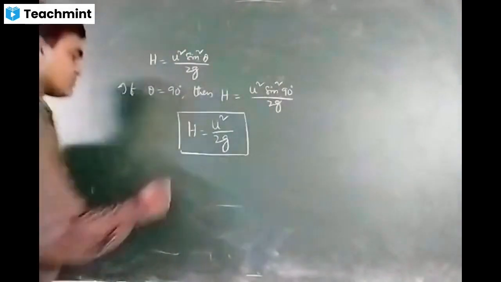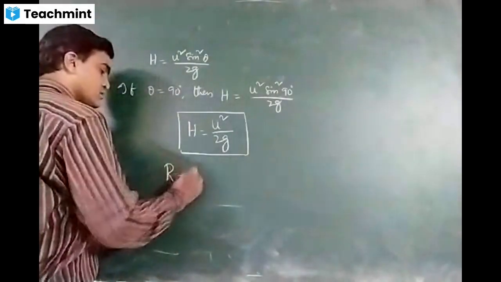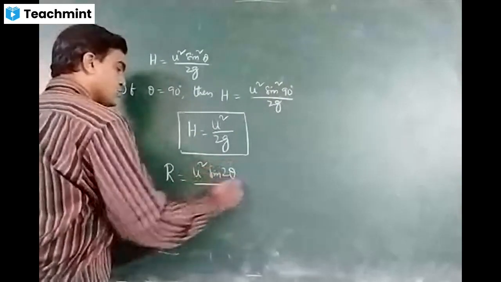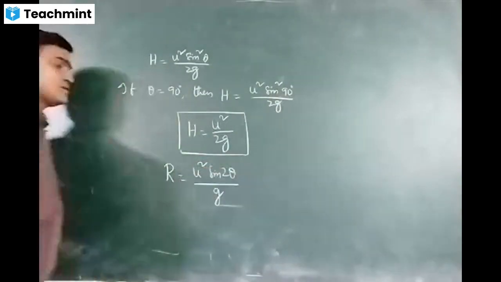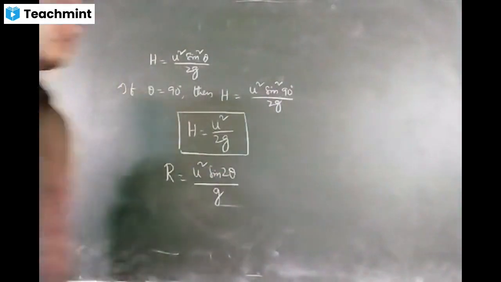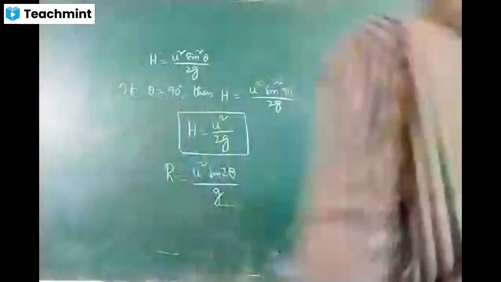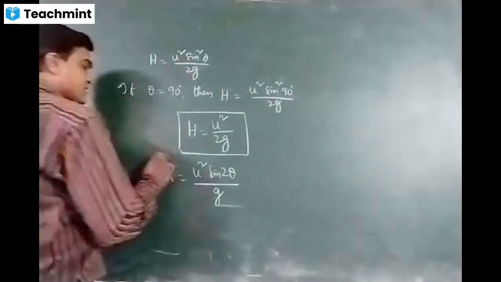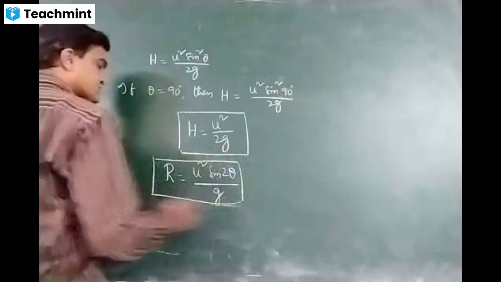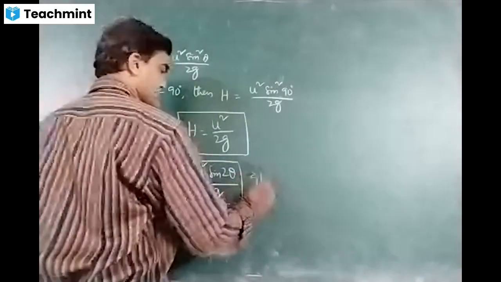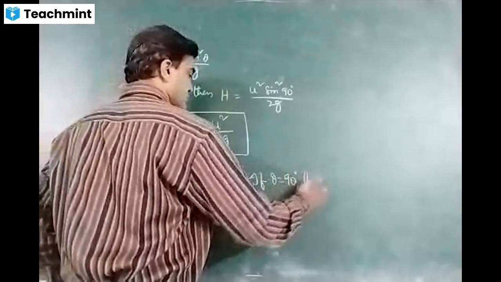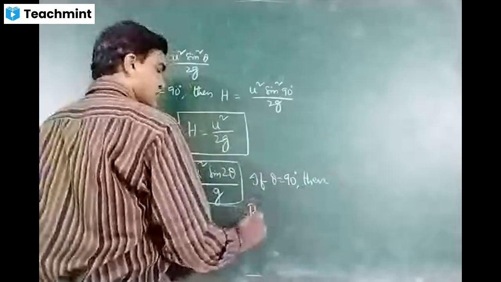Now, what is the formula for range? U square sin 2 theta by G. In this case, if theta is equal to 90 degrees, then what is the value of R?